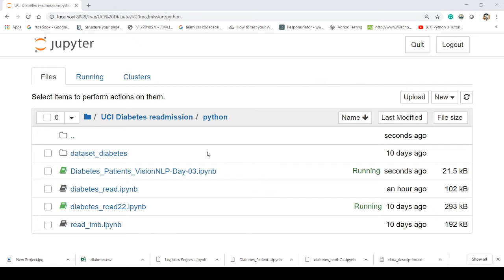Yeah, I just want to know that you are able to see my Jupyter notebook.